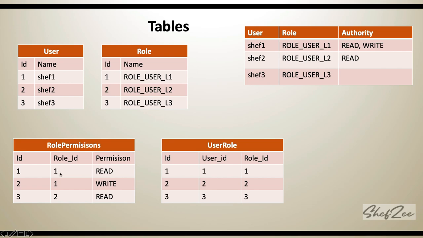So in this table there will be multiple records for each role, and there is another table where we'll map each role to the user. So one user can have more than one role here.